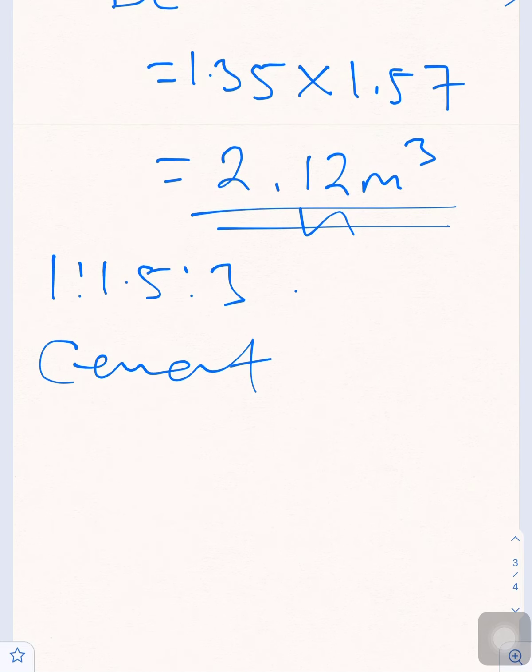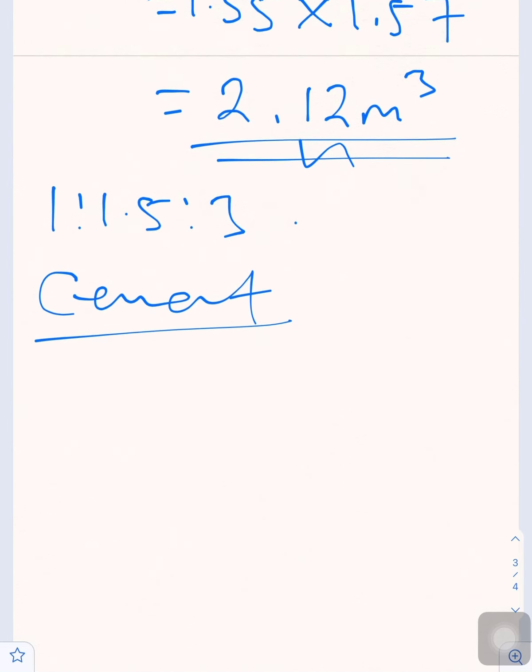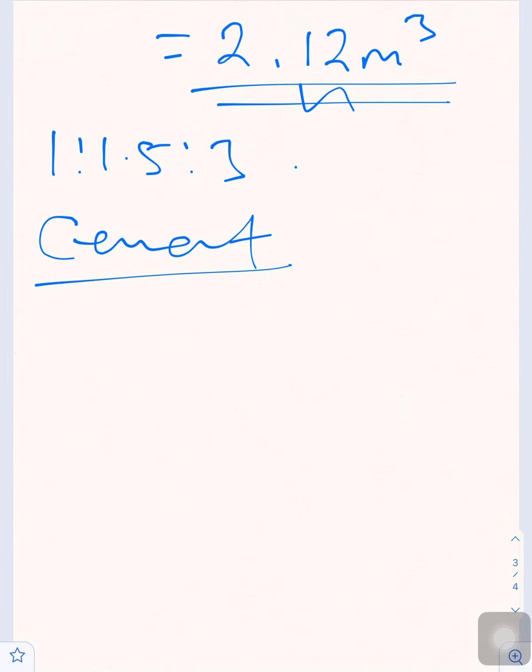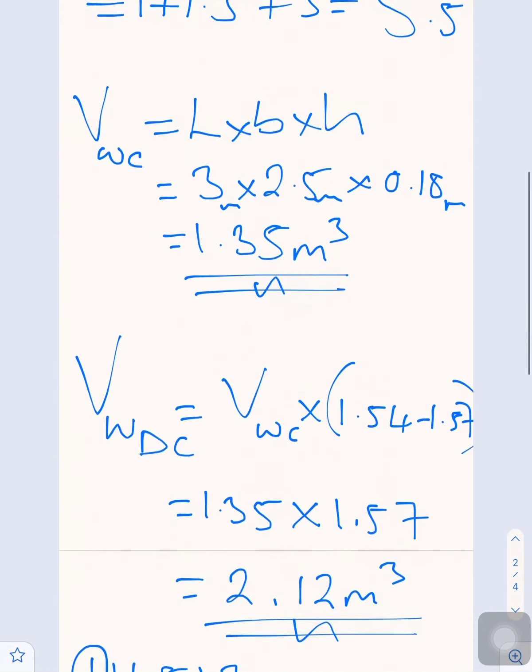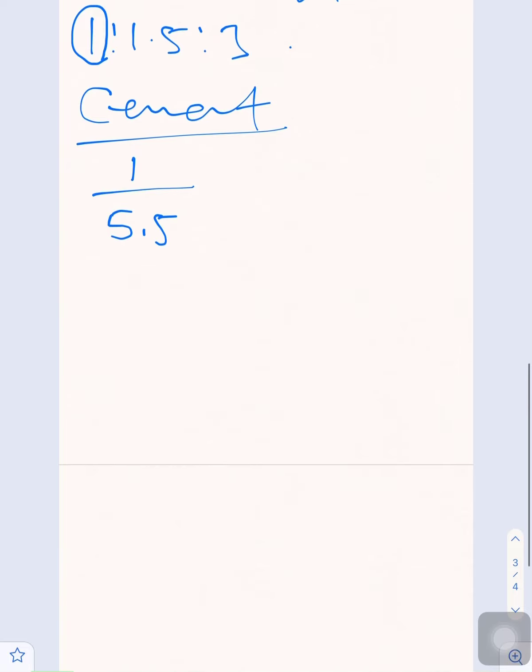How do you know the number of bags of cement in the 2.12 cubic meters of concrete that we have calculated? So cement is represented by 1 in our ratio. 1 over the total that we calculated, if I remember very well, it was 5.5, sorry.